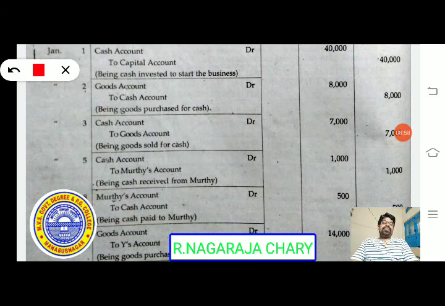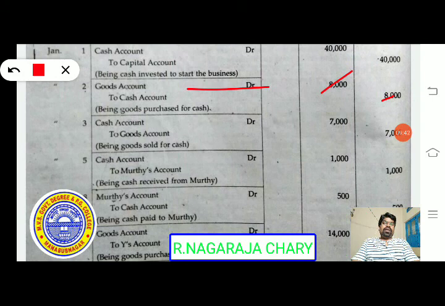Here goods account is debited, means according to nominal account, expenditure is to be debited, that is 8,000 rupees, because we are purchasing goods. That expenditure is to be debited according to nominal accounts. At the same time we are paying cash when we are purchasing goods, so cash is to be credited, that is 8,000.